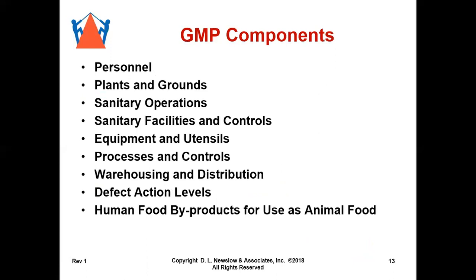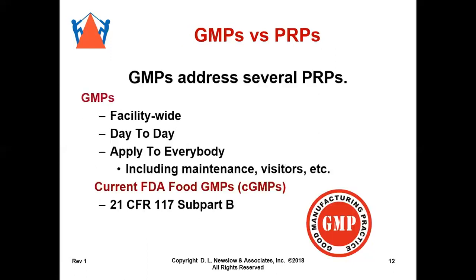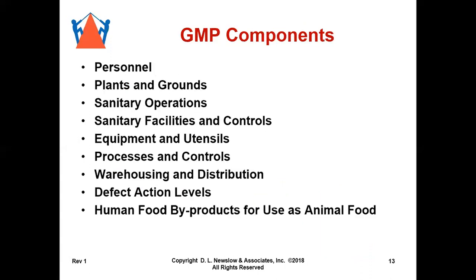Components of a GMP program, at a minimum, and this relates to the FSMA definition, 21 CFR 117 subpart B, may include personnel practices, hairnets, washing hands and so forth, personal hygiene, plants and grounds, design of your plants and grounds to protect against hazards, and maintaining your plants and grounds to protect against potential hazards.